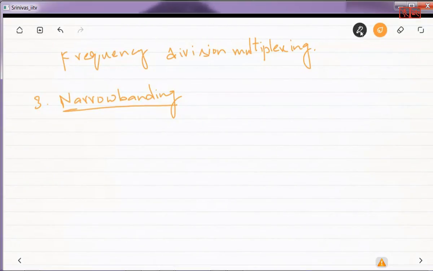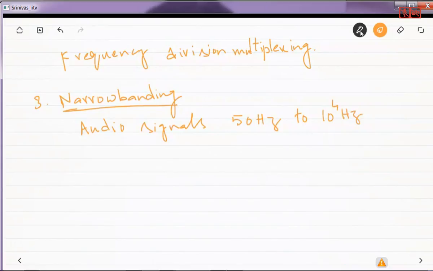So narrow banding is, for example, I was telling you that speech occupies 0.3 kilohertz to 3.4 kilohertz, right? For another example, consider audio signals. Audio signals occupy approximately 50 hertz to 10 power 4 hertz.